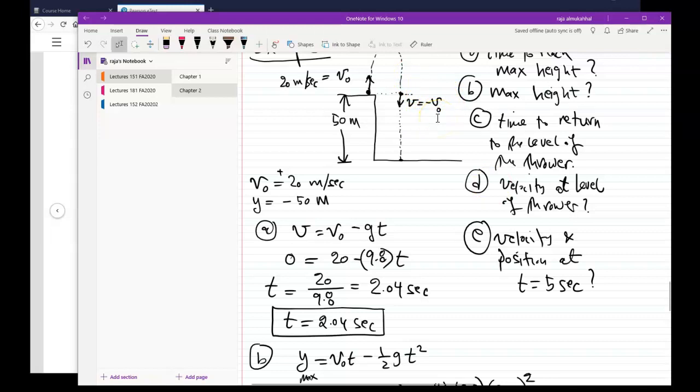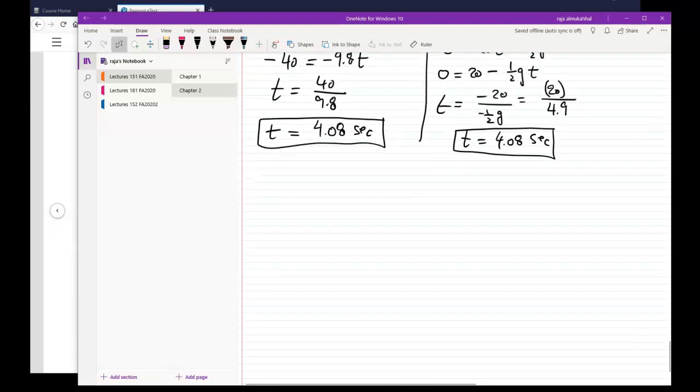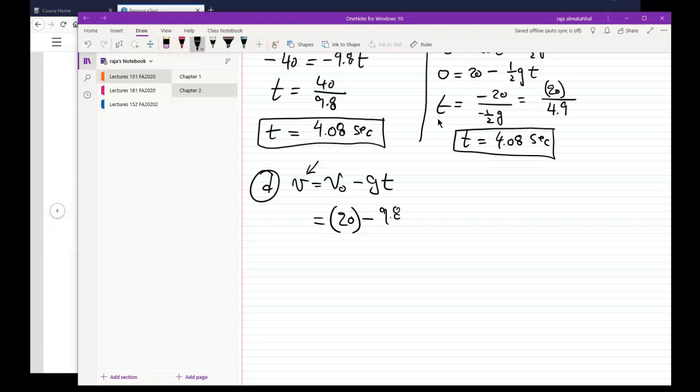So one way to do it, you use the first kinematic equation: v equals v naught minus gt. I want to find this v right here. I'm assuming I don't know what it is. So I'm just going to go 20 minus 9.8 times the time I already calculated it takes to reach the level of the thrower, which is 4.08.